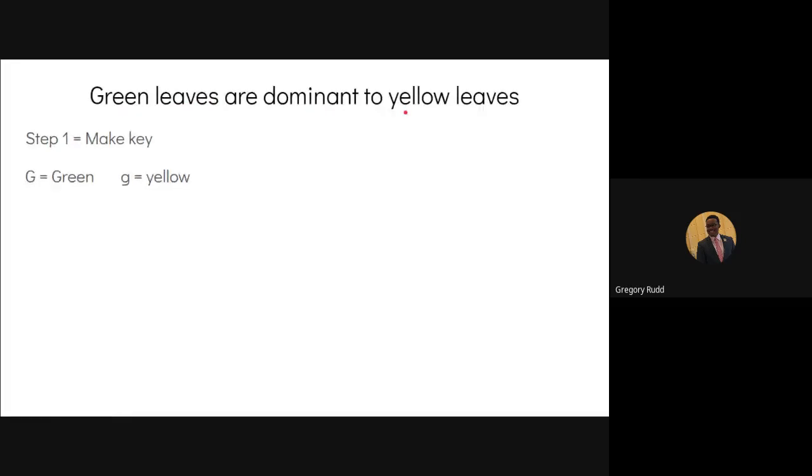What's our second step? What is our second step? Did you all write down the steps? Yeah.